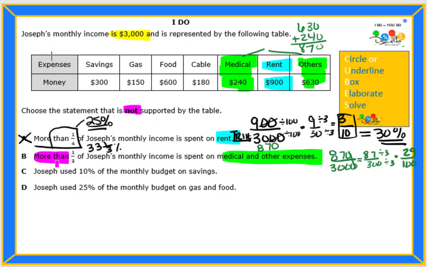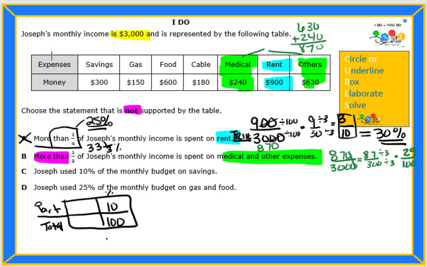So letter C says Joseph uses 10% of the monthly budget on savings. So that would be 10% of 3,000. So we can make a percent box. The part to the total. We have our percent, which is 10%, and we know our total is always 100%. We also know that the total is $3,000 in regular numbers.